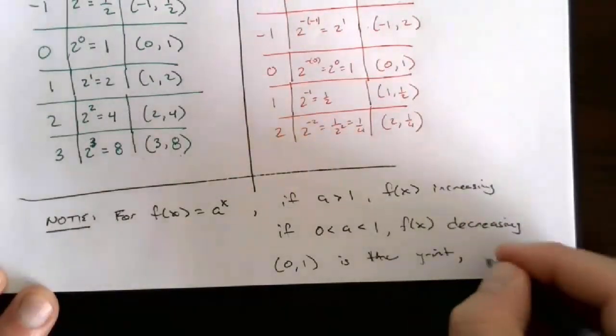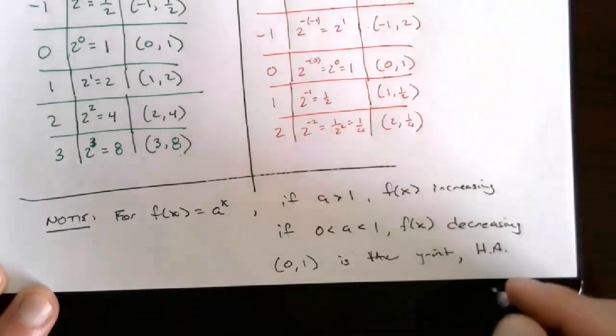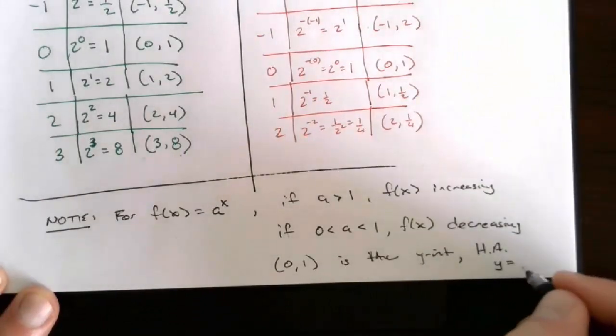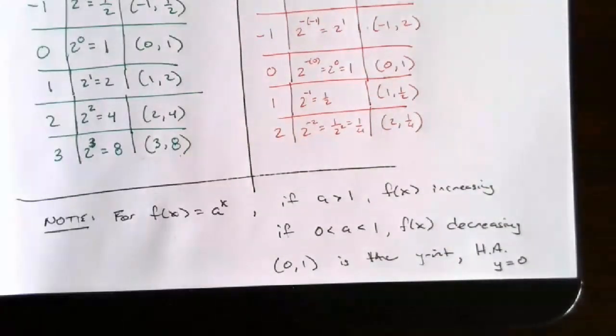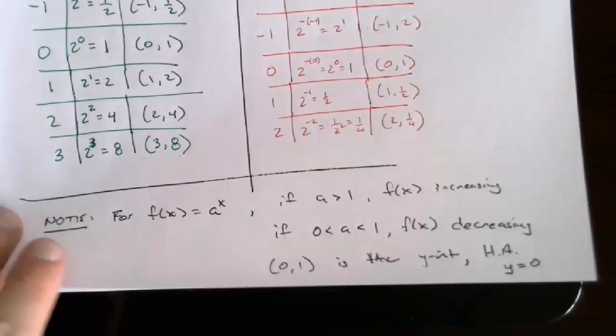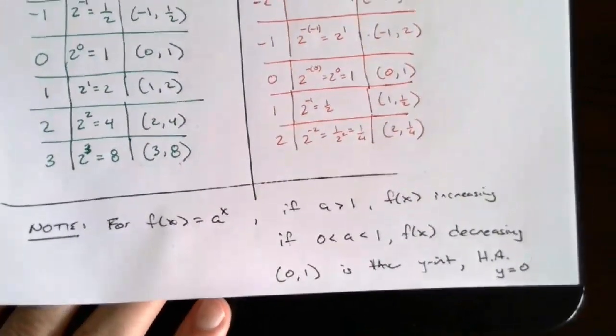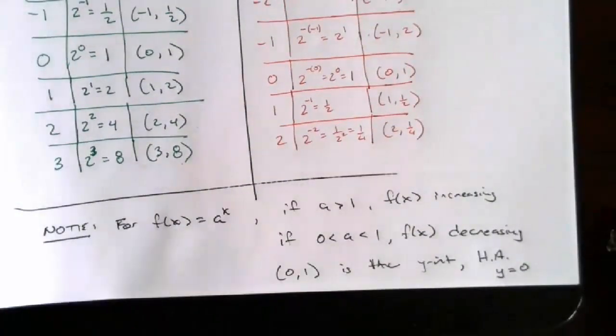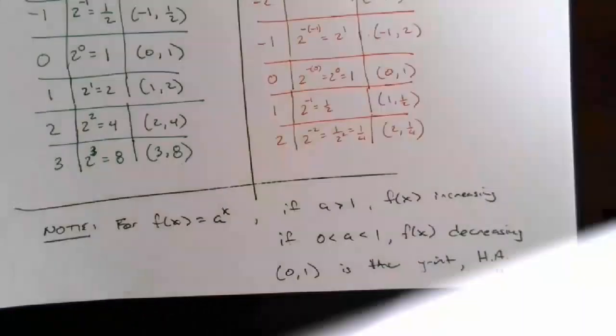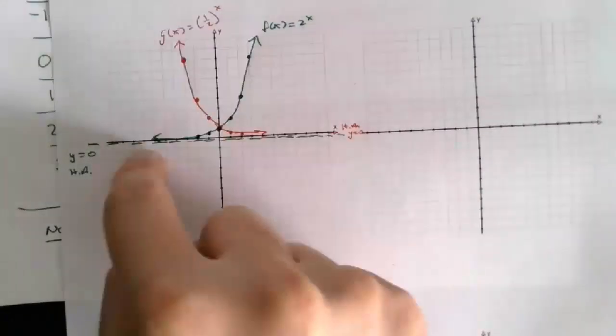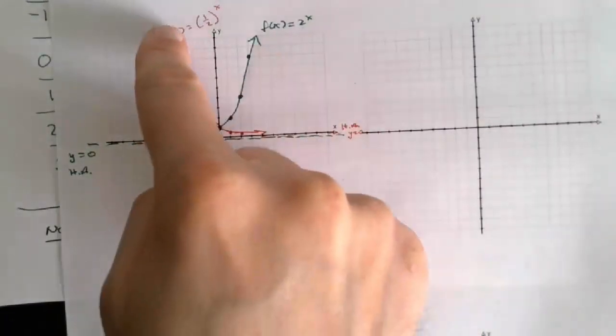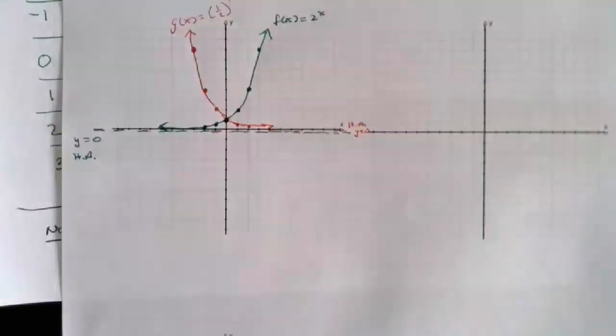And the horizontal asymptote is at y equals 0, the line that you approach but never cross. So this is a general way of graphing exponential functions. They all will have the same type of shape that we just saw. If a is greater than 1, it'll be increasing like this. If it's between 0 and 1, it'll be decreasing like this.